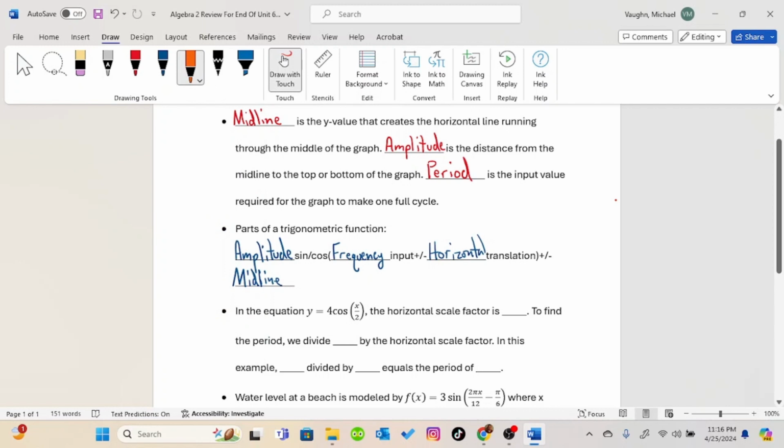In the equation, y equals 4 times cosine of x over 2, the horizontal scale factor is blank. Now, horizontal scale factor is another term for frequency.